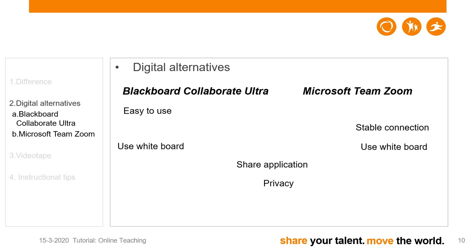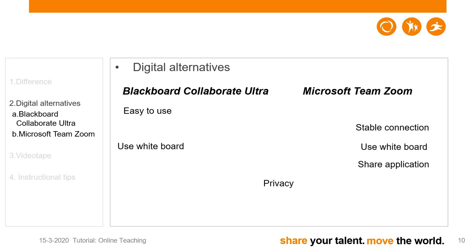And regarding share application, such as when I ask my students to see how I handle Excel, SPSS, Atlas.ti, those kinds of software. Using Collaborate Ultra, you very frequently feel a delay of the content transfer. But using Microsoft Teams Zoom, it's very nice.